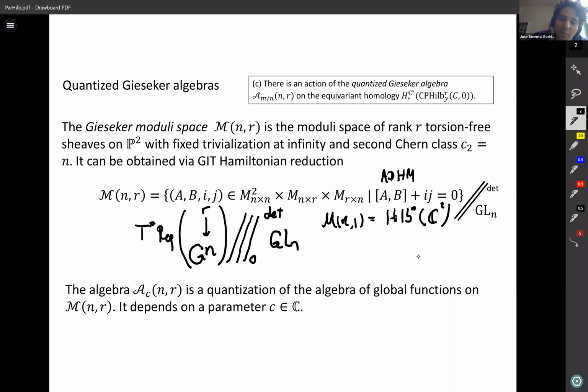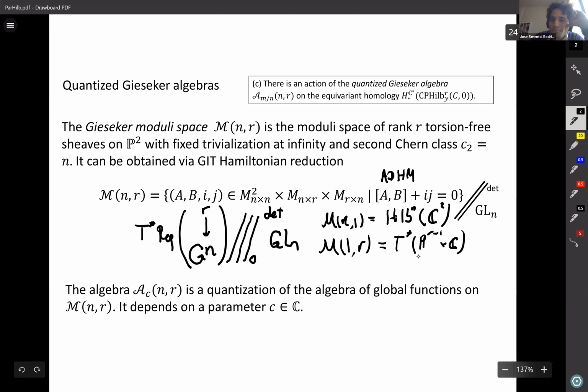And when n is equal to 1, I have M(1,R) is the cotangent bundle on P^(R-1) cross C. And the algebra A(c,n,R) quantizes the algebra of global functions on this Gieseker moduli space.